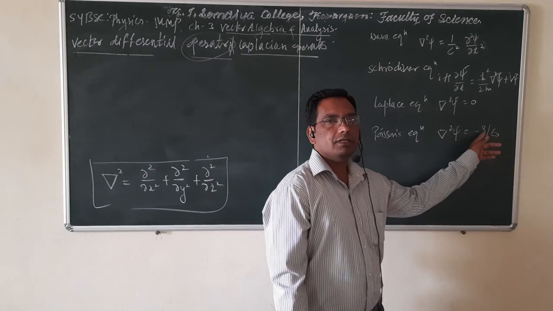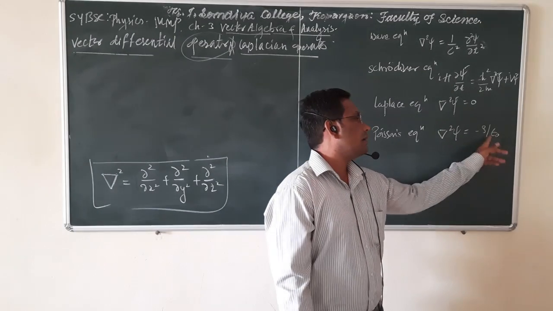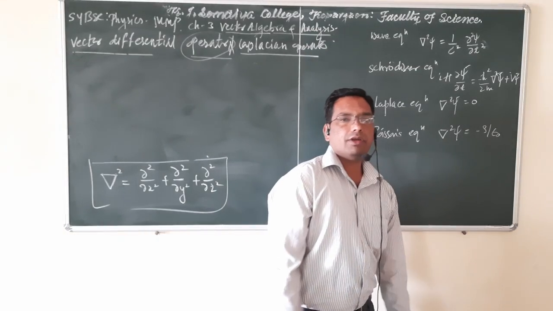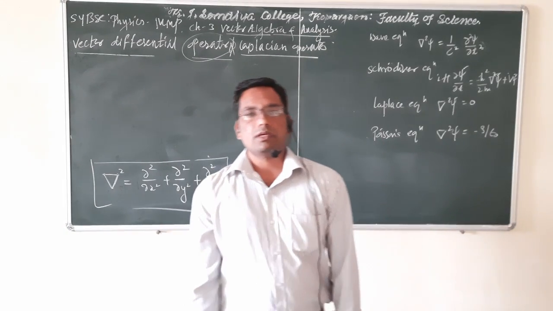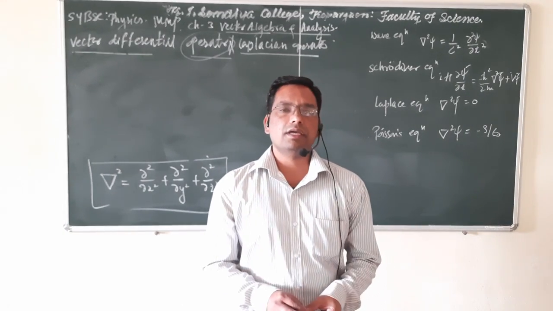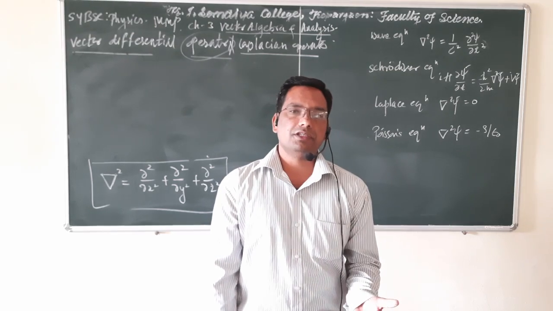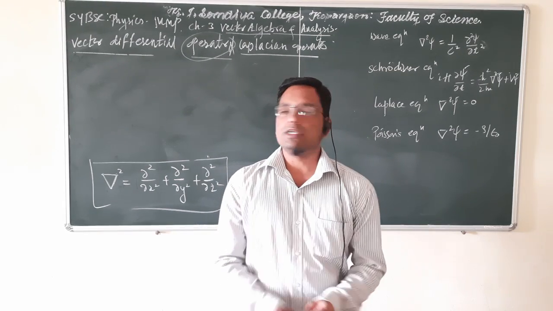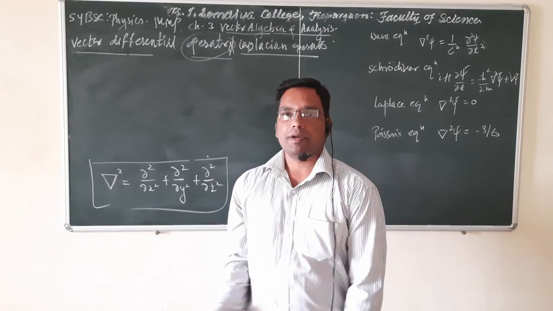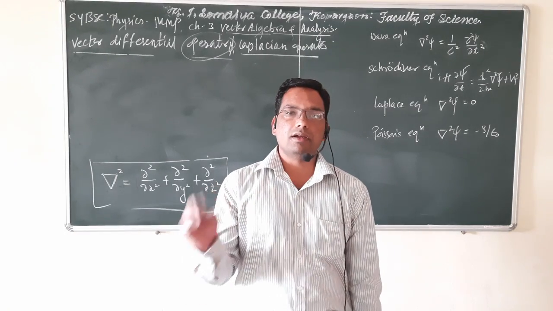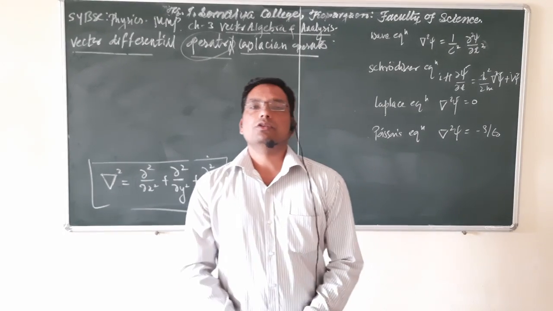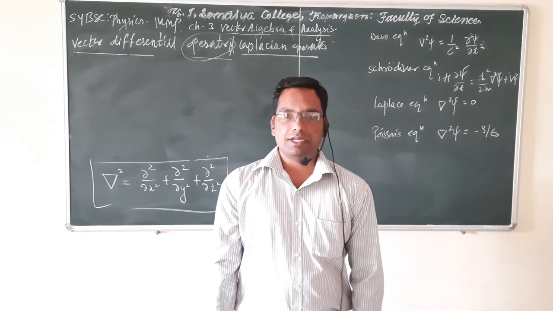You know that rho is the volume charge density and epsilon naught is the permittivity of free space. So in physics there are many more relations in which we have the Laplacian operator as well as the vector differential operator. With this we finish our lecture.